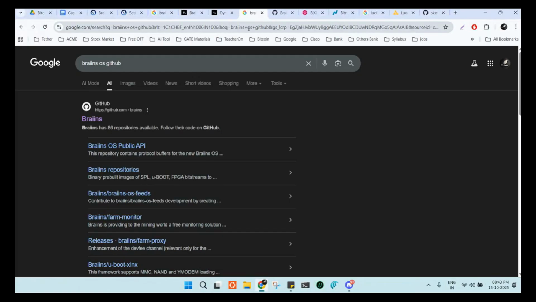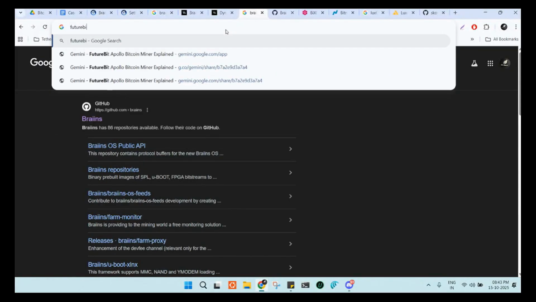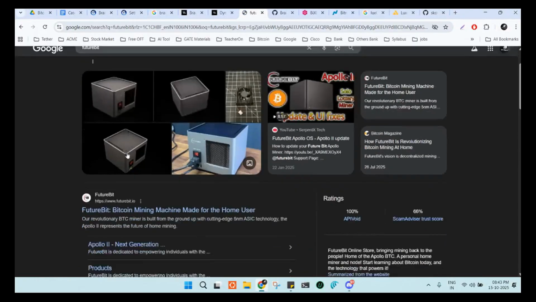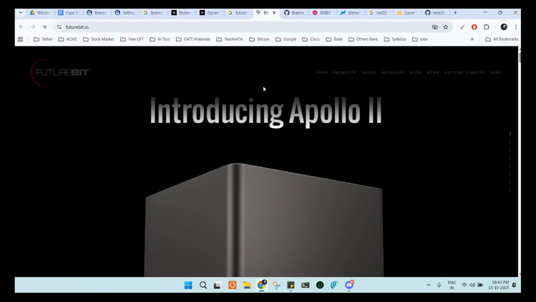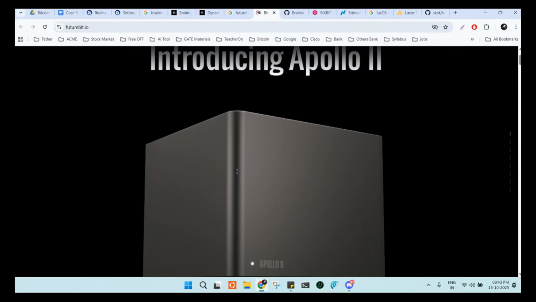Then there is a company from the US which is mostly focusing on solo mining and home mining. You can search about it. This is the device, FutureBit. They have devices like the Apollo 2nd, and these are pretty cheap.